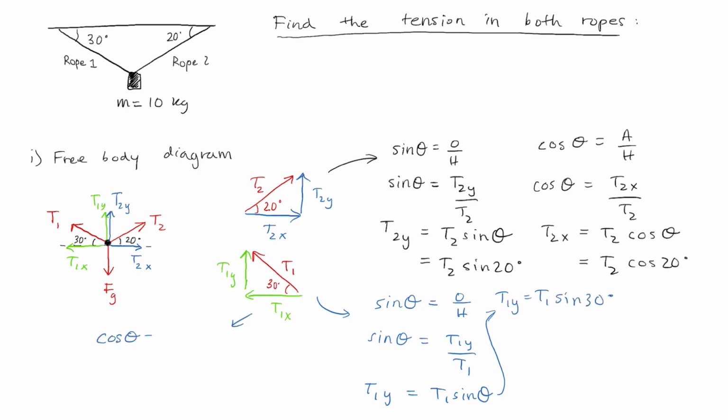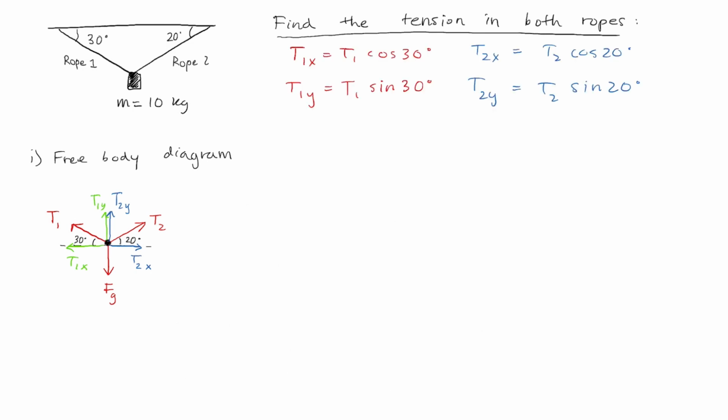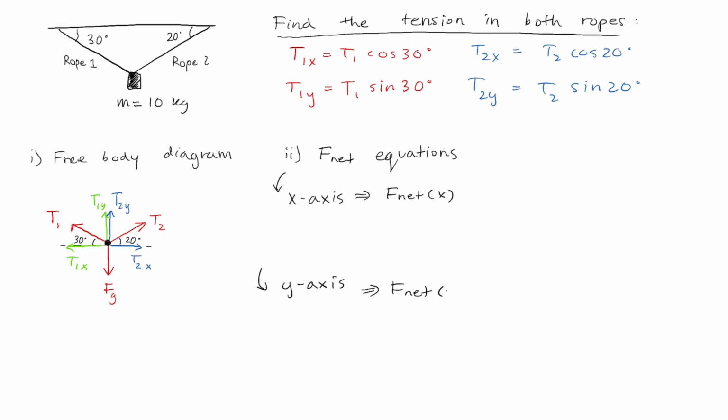Now we can do the exact same math to find T1y and T1x. T1y is going to equal T1 sine 30 degrees, and T1x is going to equal T1 cos 30 degrees. So now that we solved for the x and y components of our tension vectors, we can start setting up our F net equations. Since we have forces acting along both the x and the y axis, we will need to solve for an F net x and an F net y.